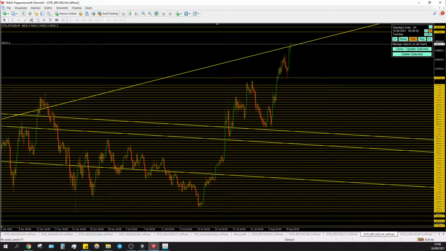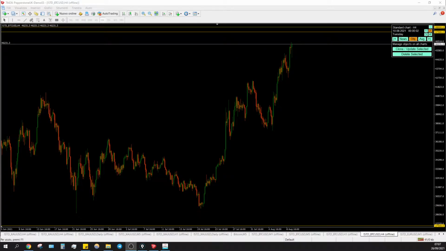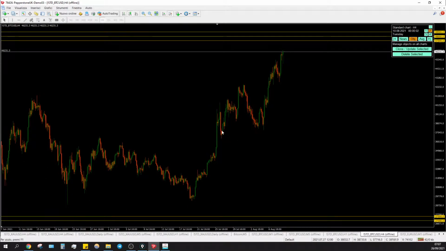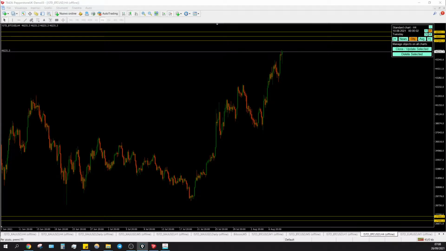Just give me 1 second. I will just remove those. There you go. So we just removed those PPLs because I don't want them to be messy. Let's see on the 4-hour time frame, where are we on Bitcoin?